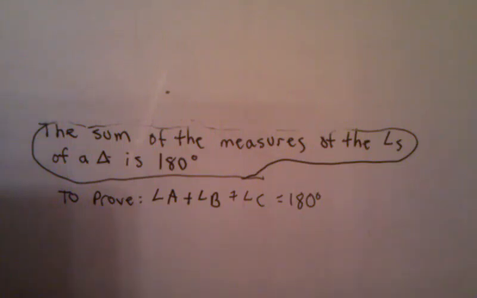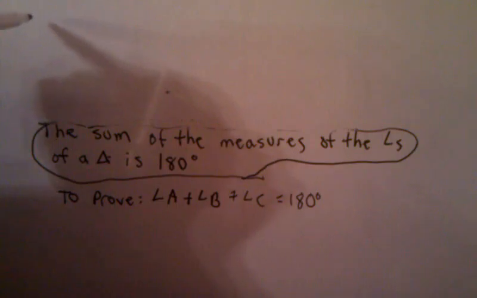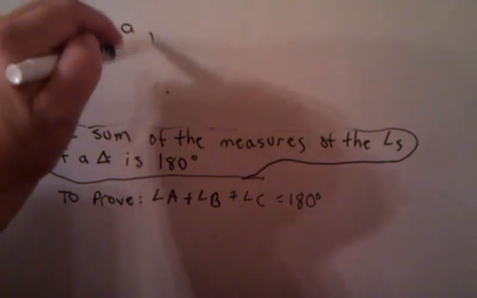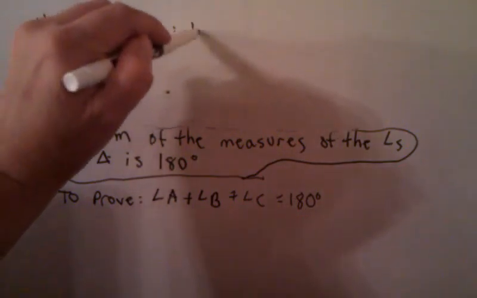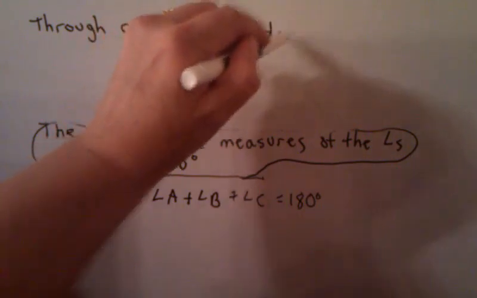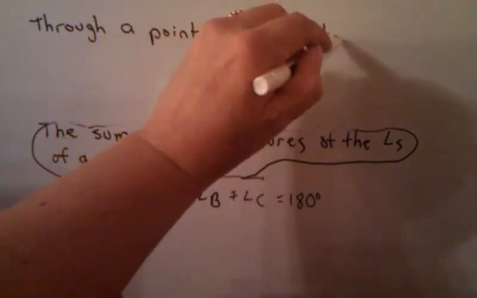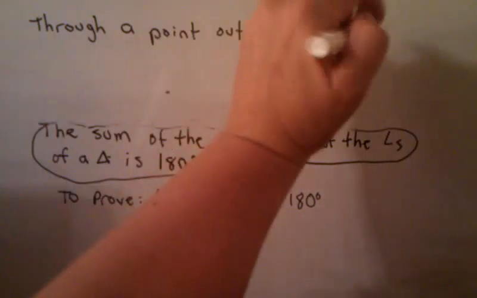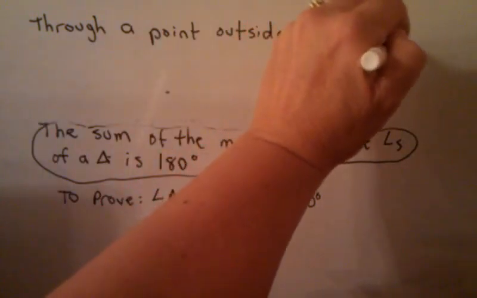Through a point outside a line, exactly one line can be drawn perpendicular to the given line.